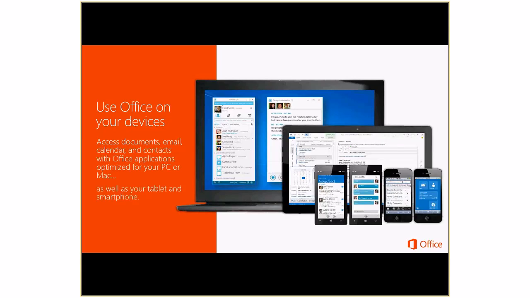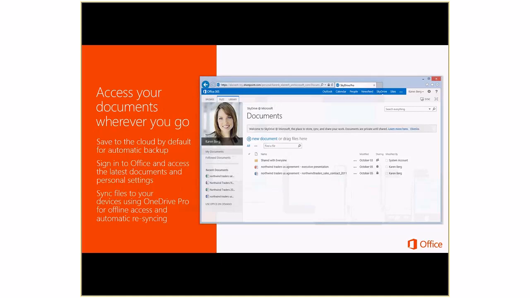Now, also with Office 365, you get access to your documents wherever you're at. Through OneDrive for Business or through SharePoint, and I'll be showing that in the demo, you can access your documents in a web browser. You can work with those documents.